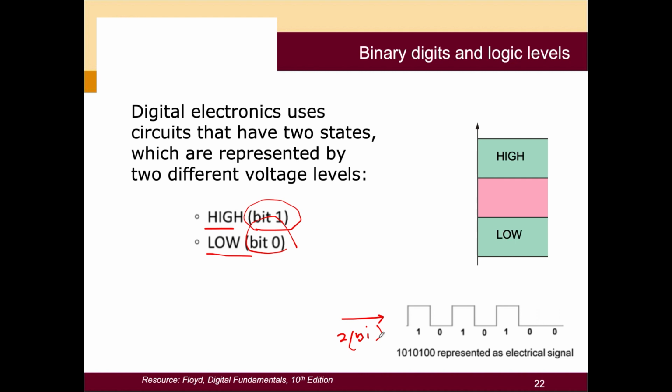So the binary numbering system is used for digital, and you can see over here also you have high and low, and it is invalid if it is in between. So normally it is only 1 for high and low for 0.